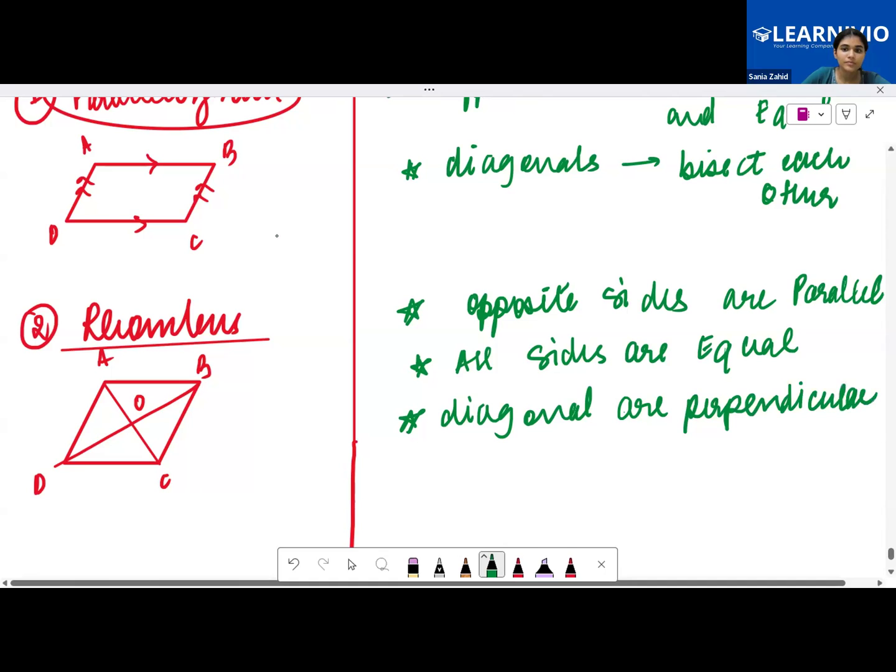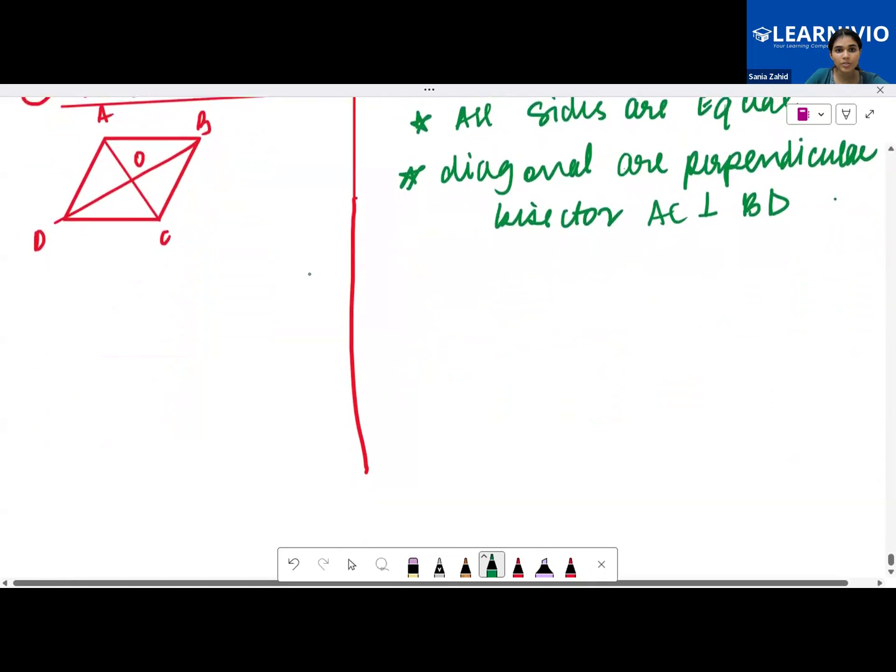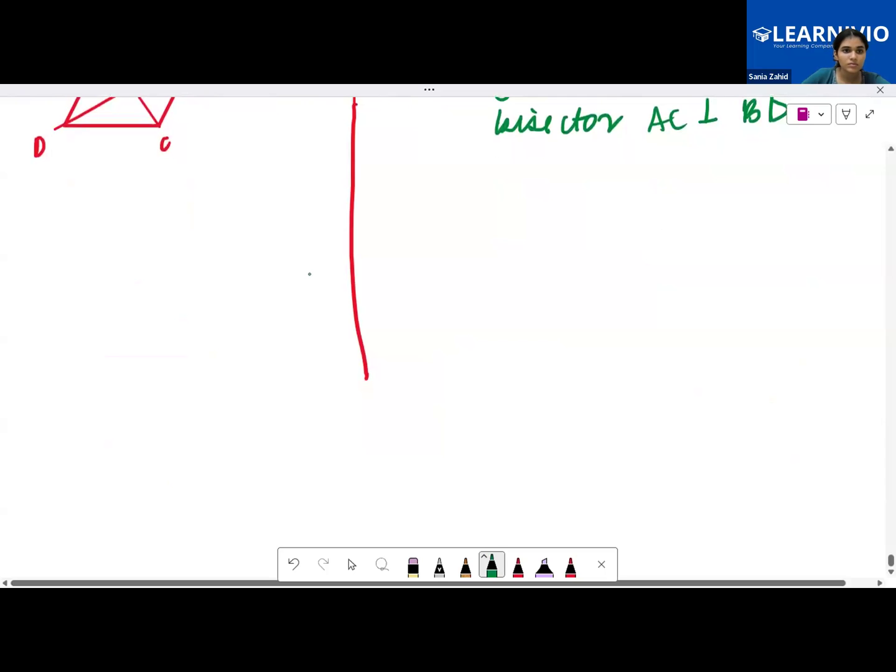Okay, so we'll write it like this: AC is the perpendicular bisector of BD. Right? What is the difference between bisector and perpendicular bisector? Perpendicular bisector means 90 degrees, they're cutting each other equally as well as at 90 degrees.